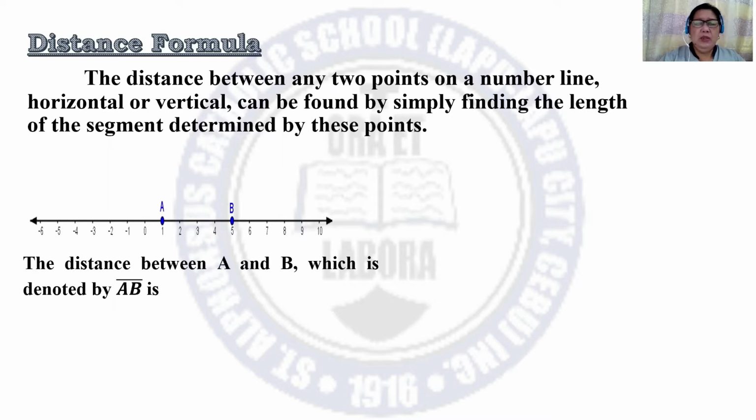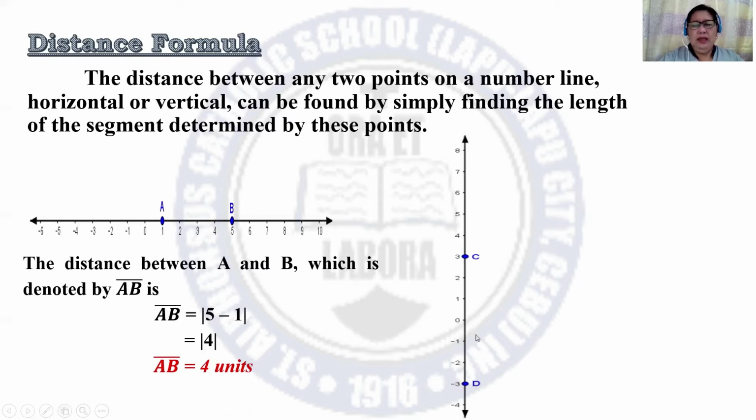The distance between A and B, denoted by segment AB, is equal to the absolute value of 5 minus 1, which is equivalent to the absolute value of 4. And the absolute value of 4 is 4 units. So the distance from A to B is equal to 4 units.